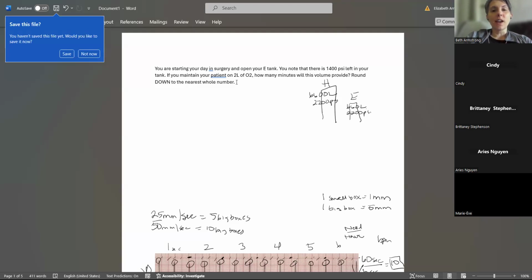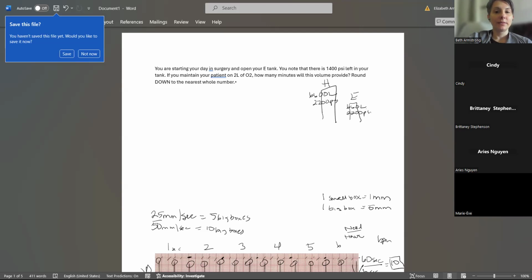When we divide that 6,600 by the 2,200, we're going to get what? 6,600 divided by 2,200.